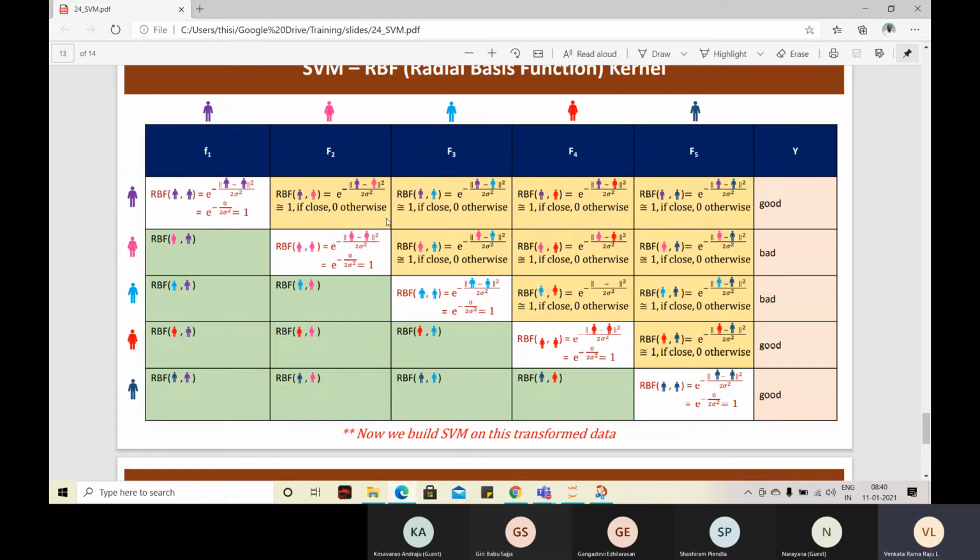If two persons are very far, the Euclidean distance between two vectors, is it going to be a big number or a small number? Big number, sir. They are far, it's a big number. Yeah. When you calculate Euclidean distance, when they are far, it's a big number, right?